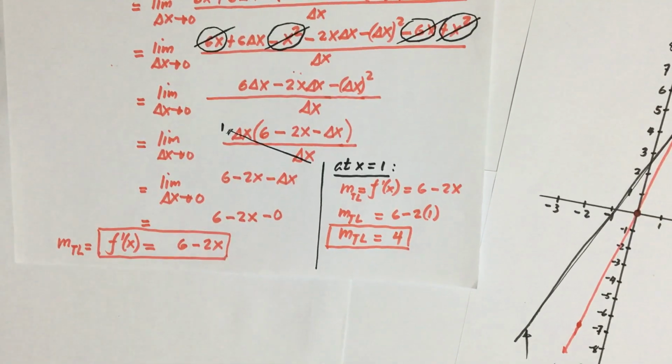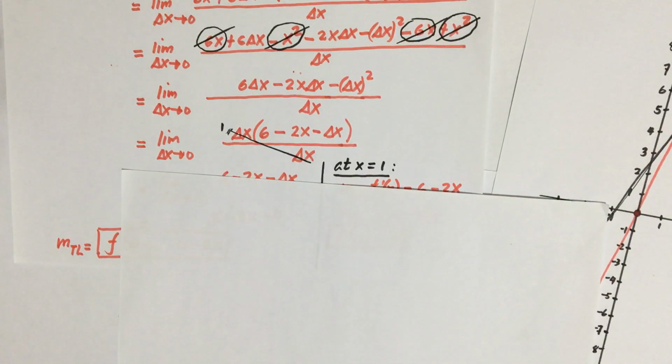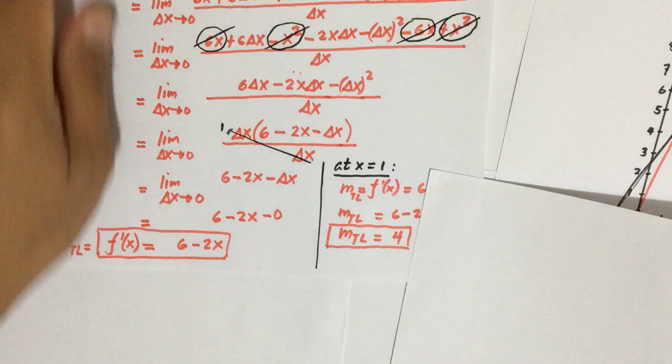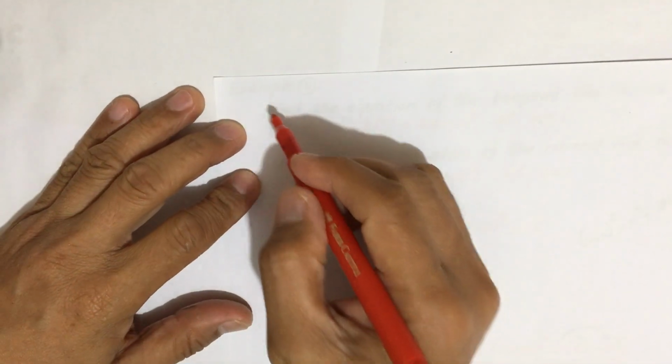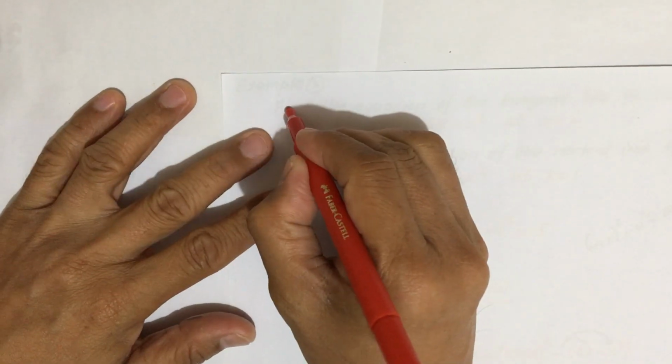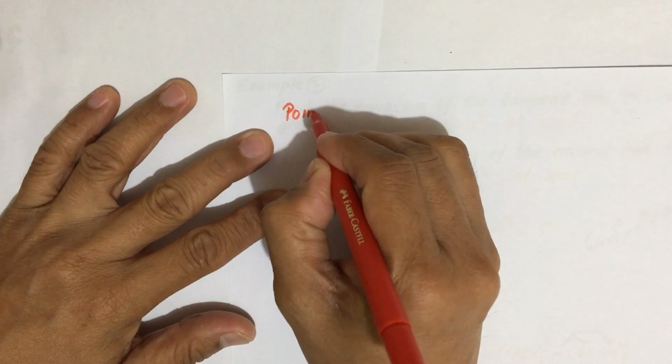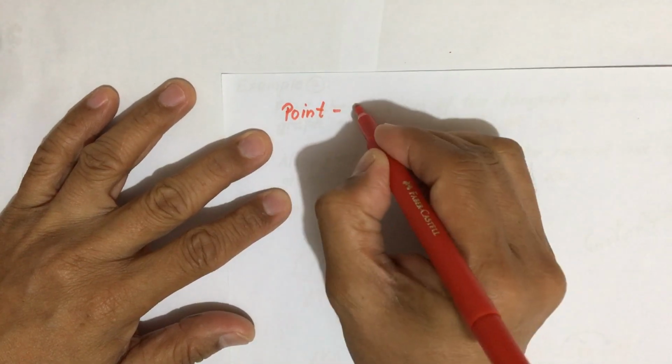Now, how to find the equation of the tangent line? To solve for the equation of the tangent line, we will apply what we call the point-slope form. So what is the point-slope form, class? And when can we use this point-slope form?